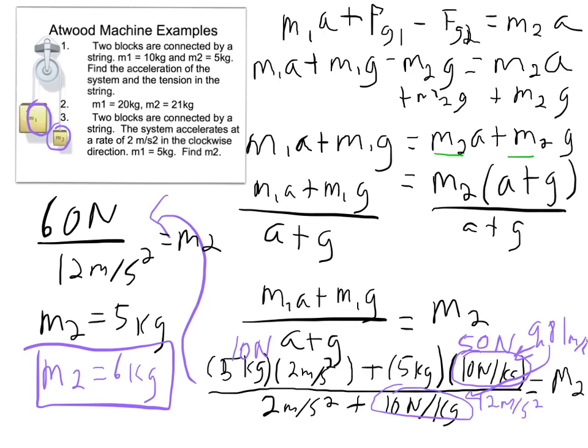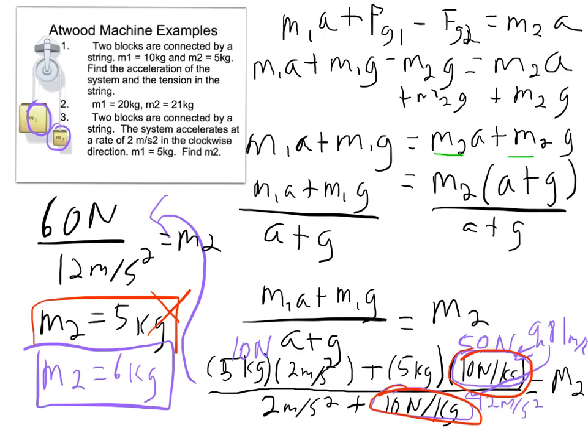So let's think about what happened here. I noticed that this answer, m2 equals 5 kilograms, doesn't make sense. So either an error in my calculations, which as I look back through there could be, or this estimation here, because I knew we had estimated that, my brain went, oh, that estimation doesn't work here. My answer, m2 equals 5 kilograms, was unreasonable.